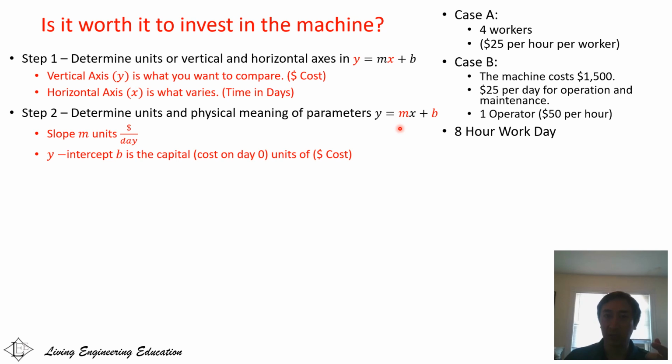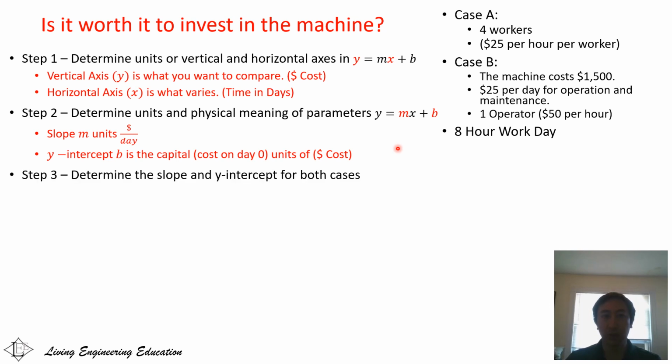So the slope is a rate term, right? Whenever you have the x-axis representing some scale in time, the slope is a rate term. What does that mean? That means a per time scale component. So it's dollars per day, a cost per day concept, right?